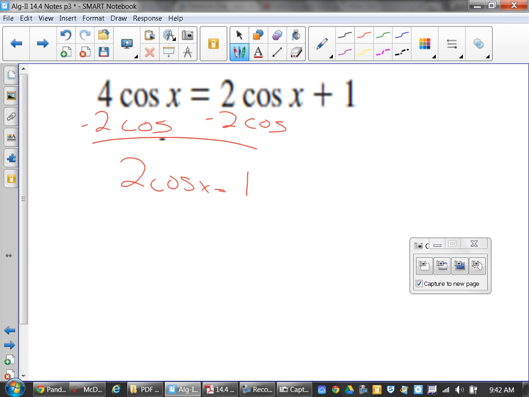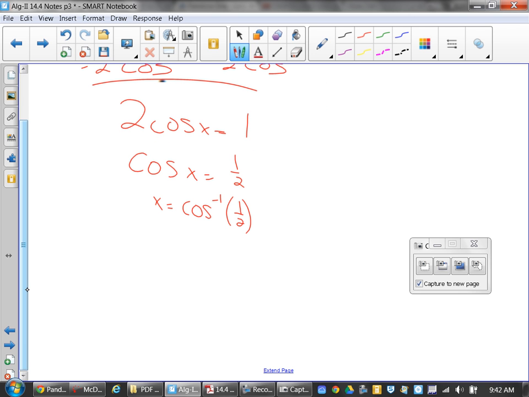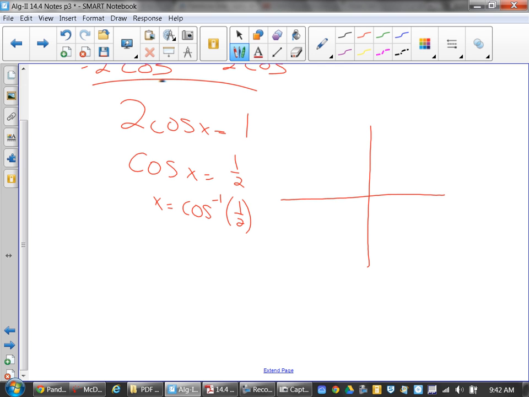Very good. So the cosine of x is a half. So what angle has a cosine value of a half? Pi over 3. So this has got to be my root 3, so that has to be my 60-degree angle. Everybody okay with that?